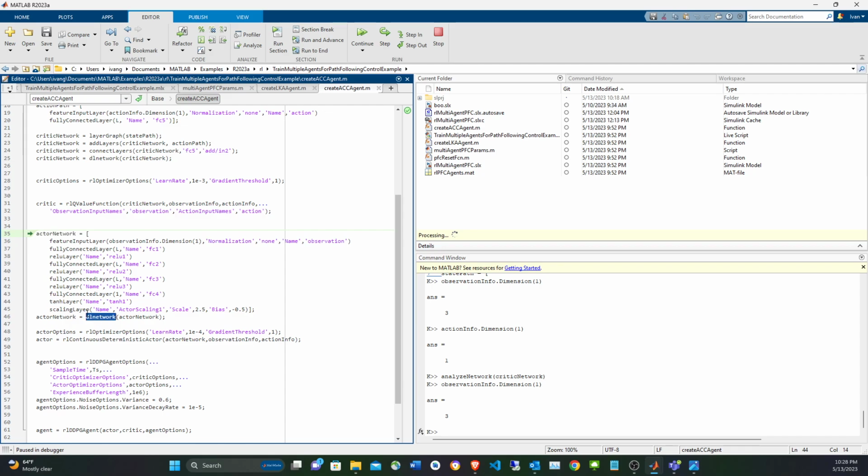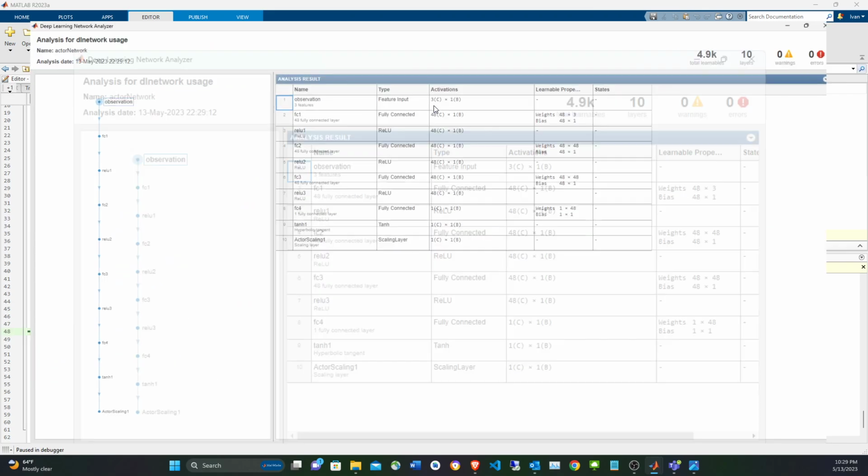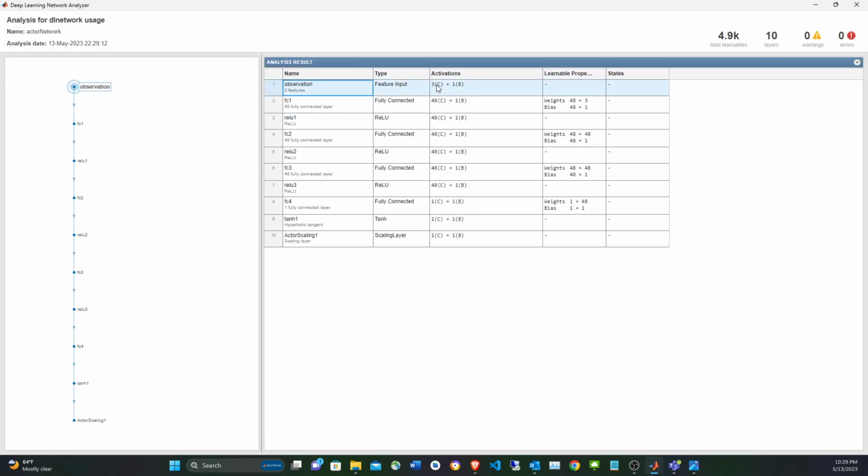So we use scaling and bias, so the output is going to be from -3 to +2. So that's the expected value for the action. So we just have a very simple sequential network of layers, and we use the DL network command on it. And if we do this, we can take a quick look at the network using analyze network. It's going to be a sequence with the observation, and the output is the action. Simple.